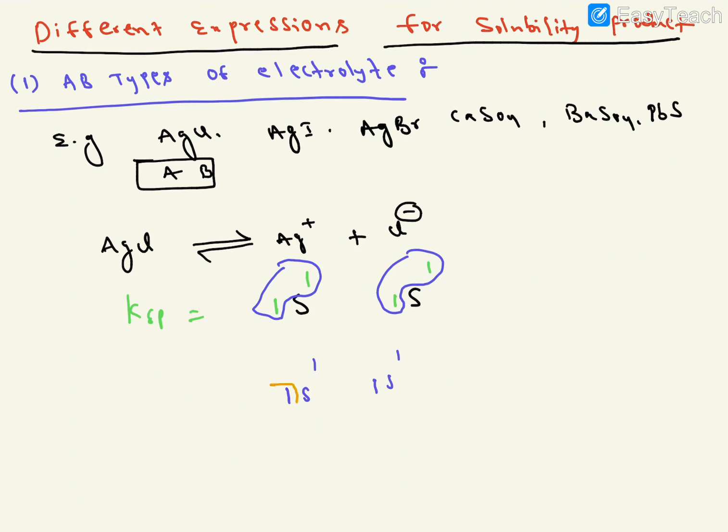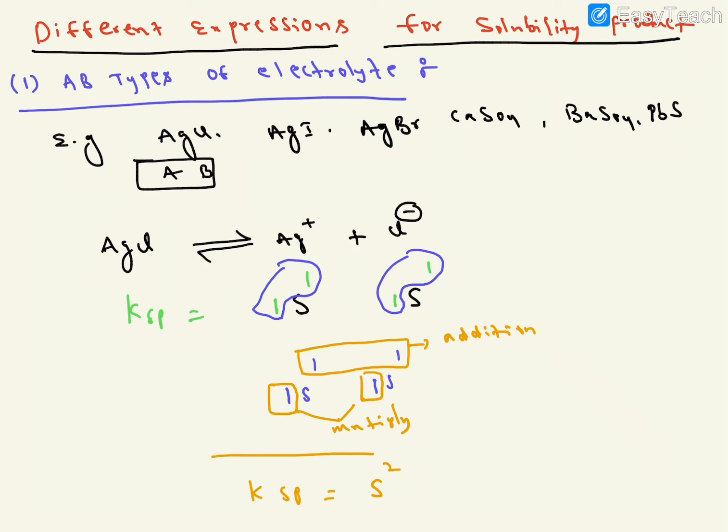After that, these two are multiplied, and these two are added. I hope it is clear. So 1 into 1 is 1, and 1 plus 1 is how much? 2. So KSP is equal to S power 2. This is called the solubility product.